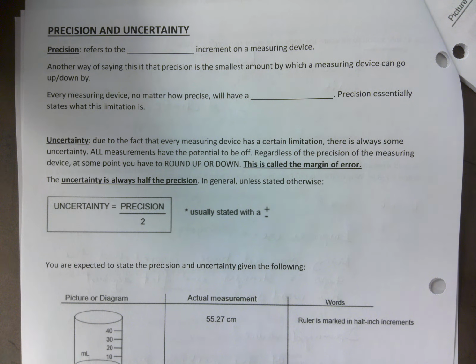Precision refers to the smallest increment on a measuring device. Another way of saying what I just said is that precision is the smallest amount by which a measuring device can go up or down by.